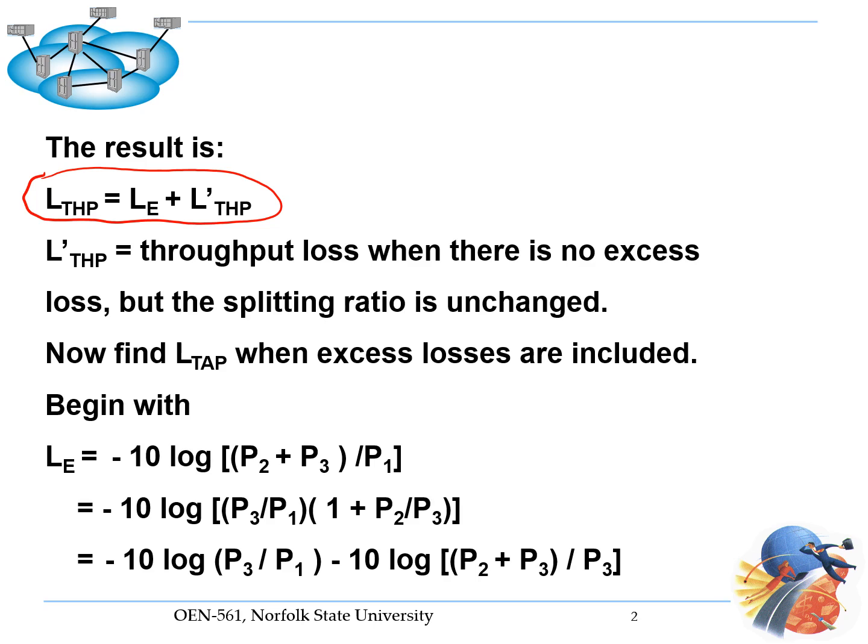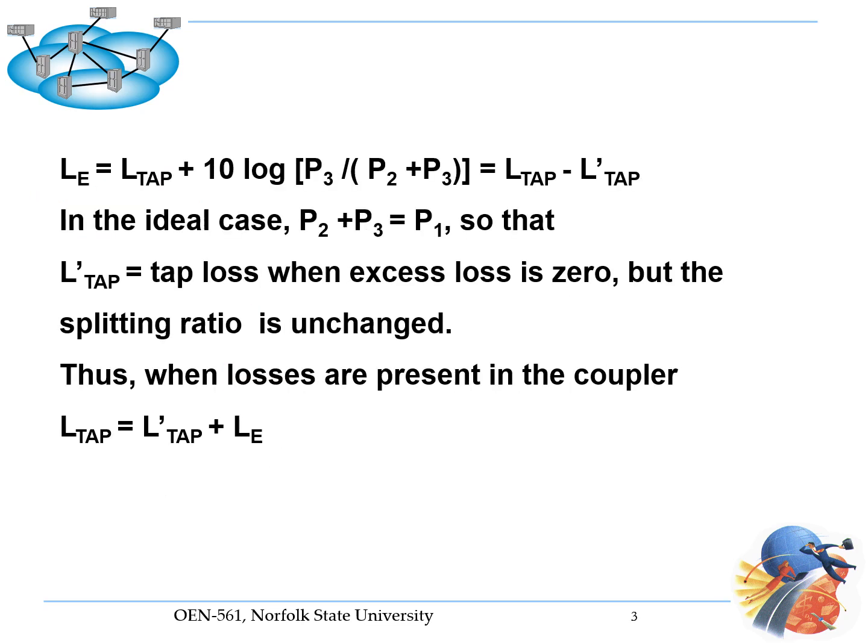In a similar manner, we can also calculate a tap loss for a real coupler with excess losses. I will skip this discussion and will go directly to the result on the next slide, but you can easily recreate these calculations yourself. So in a similar manner to how we calculated the real throughput loss, we will get a similar result for real tap loss.